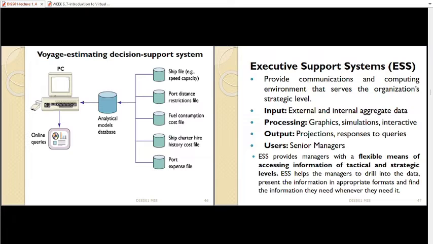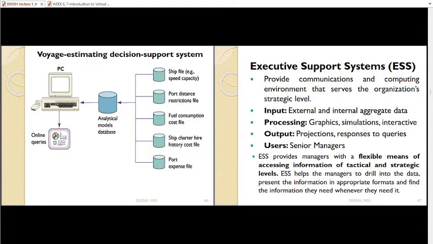So mostly they are more of novices, and therefore we require systems that are even much more user friendly. And that's why, when it comes to processing, we're looking at graphics, simulations, interactive, and all that. Interactivity can come as a result of touch screens, all that.